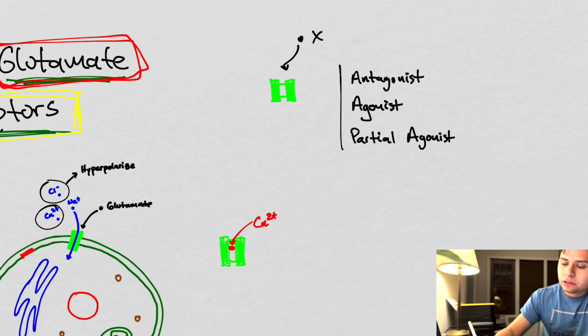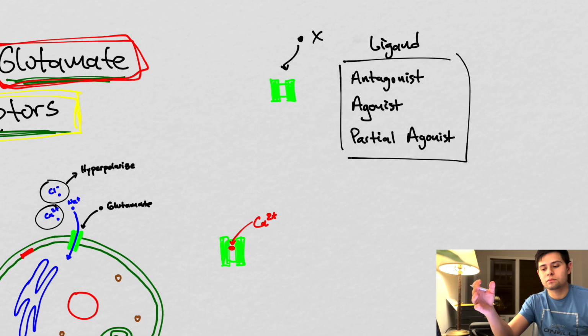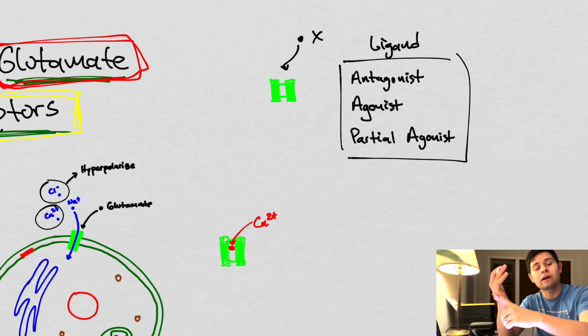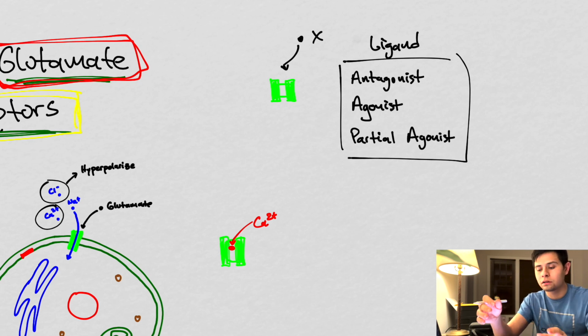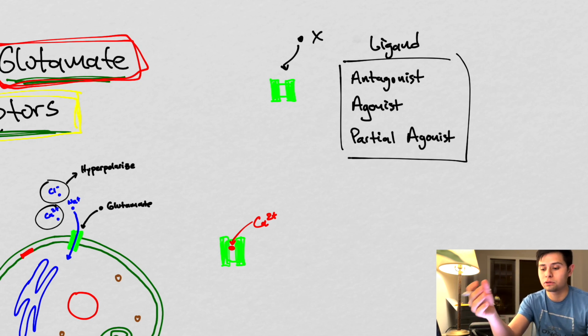So these are different types of ligands, and this holds true for all receptors. For all receptors, they have their associated list of agonists, antagonists and partial agonists. And we'll be able to understand how we can measure the effect of these using electrophysiological methods. We'll do that later.